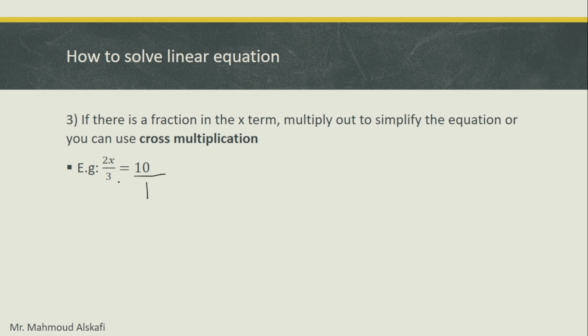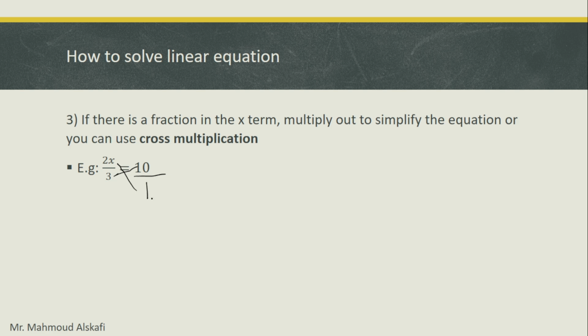To use cross multiplication, we multiply the numerator of the left hand side by the denominator of the right hand side, and the denominator of the left hand side by the numerator of the right hand side.